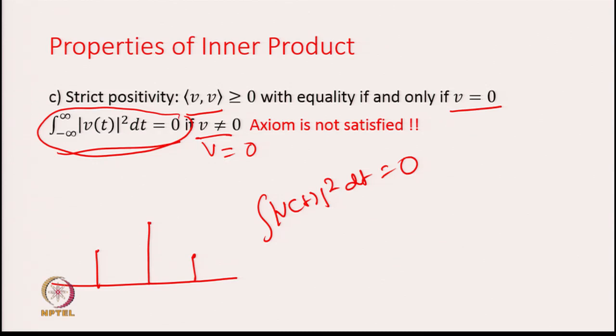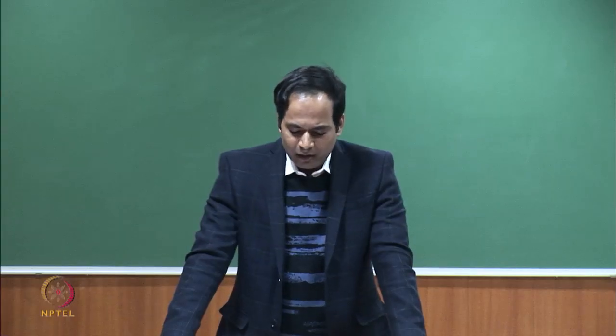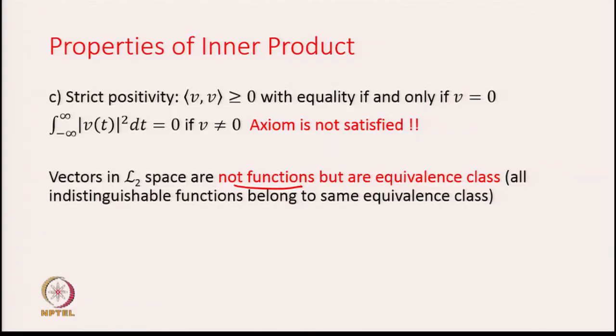So, how do we get rid of this? We get rid of this by saying that the vectors in L2 space need not be functions, but they are equivalence classes. What I mean by equivalence class is, all indistinguishable functions belong to the same equivalence class.